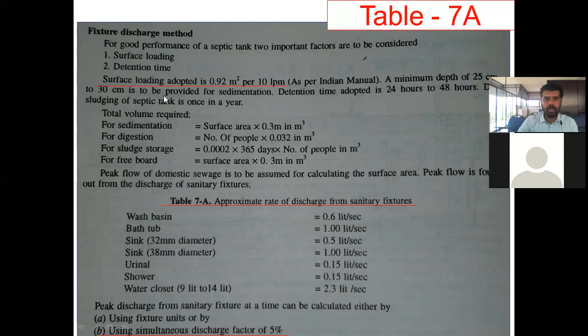As per the Indian manual, the surface loading adopted is 0.92 square meter per 10 liters per minute.